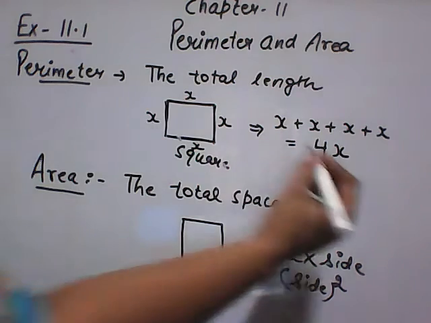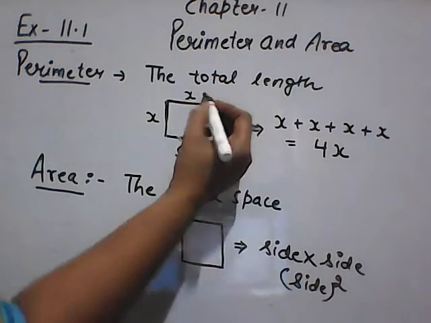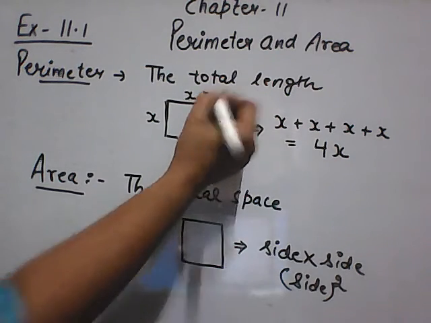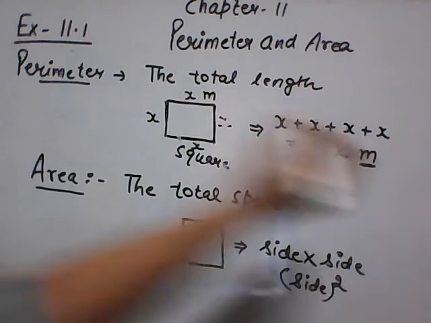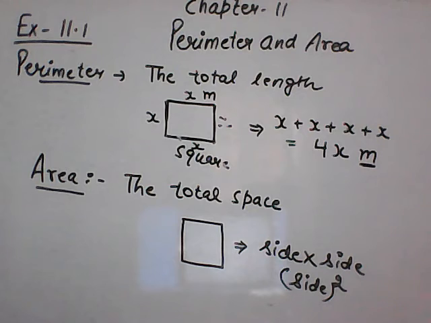Now, what is the unit of the perimeter? Suppose length is given in terms of meter. So, perimeter unit is meter. When you calculate the area, what is the unit of the area? It is square meter. You will need to learn the units of the perimeter and the area.